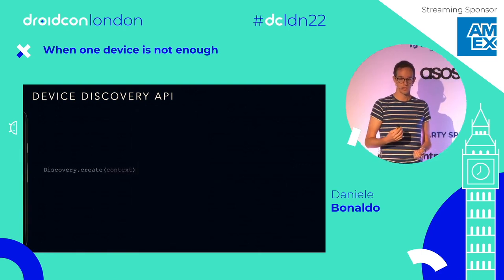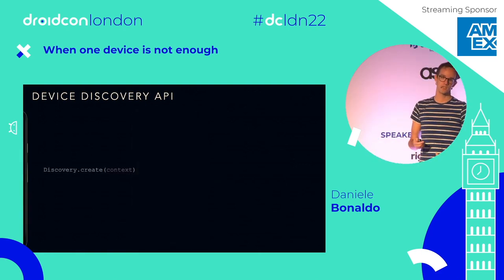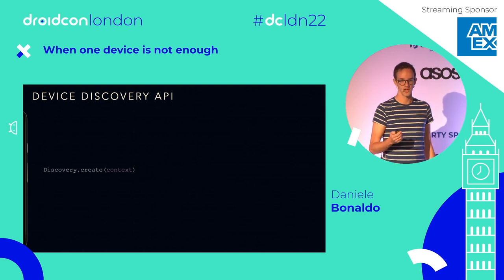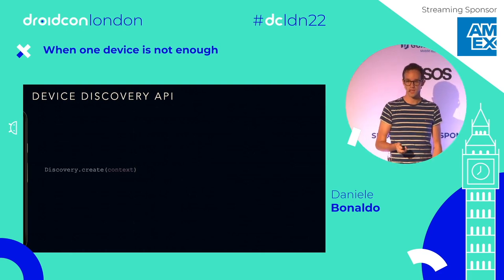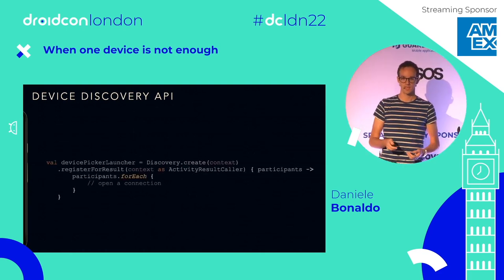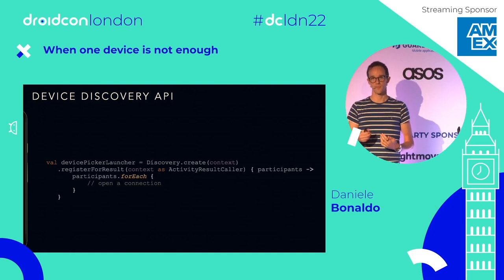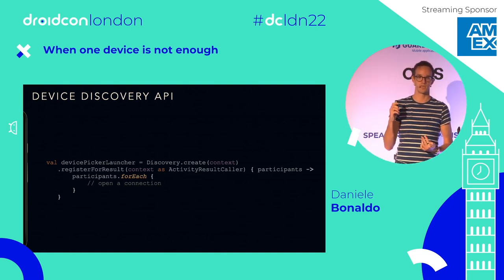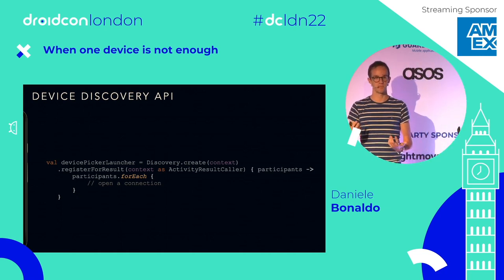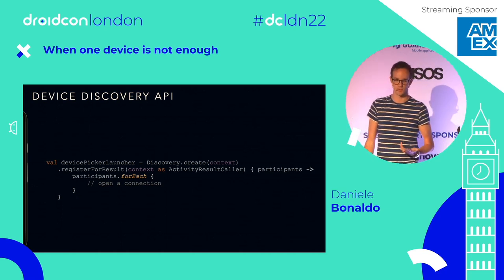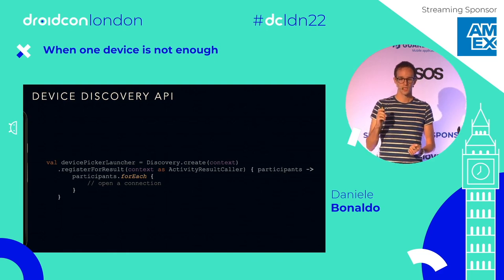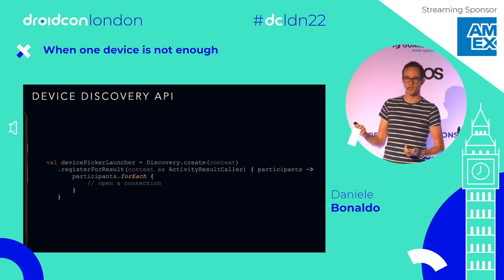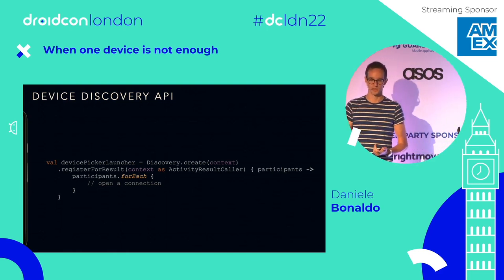So in the first device, you just get an instance of the device discovery API, and you are going to basically create a listener, a callback for when the user selects one or more devices. These devices are called participants in the SDK terminology. And then we will see later how to open a connection once the user selects those devices.